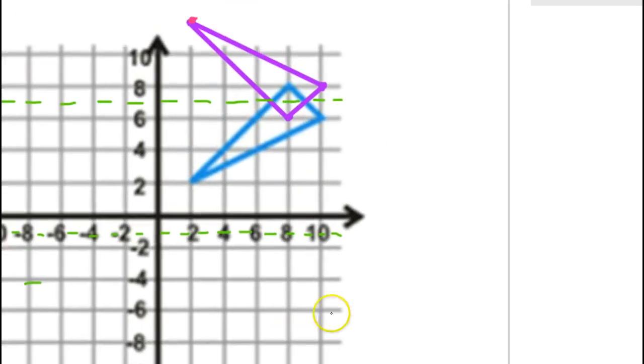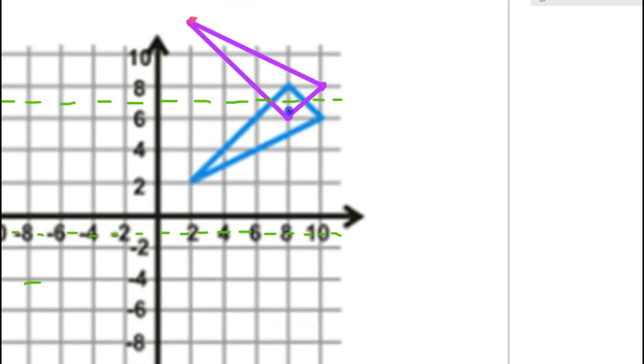So there's my half, and now I'm going to go 1, 2, 3, 4, and I'm going to have to estimate. That would have been about 5, and this would have been about 6. So boom. Okay, that's my new point.